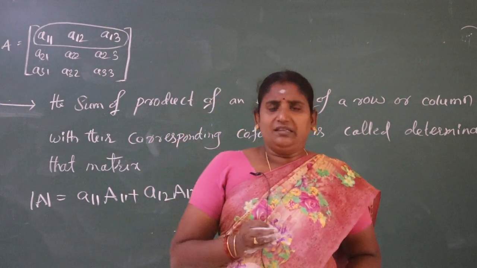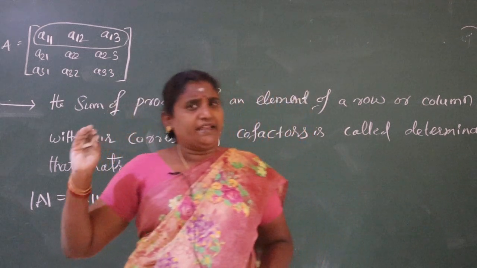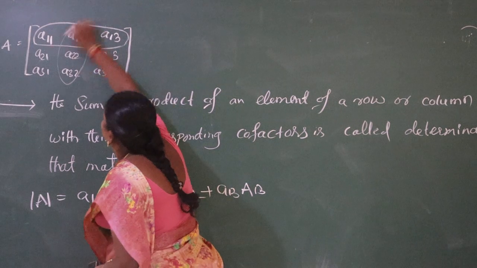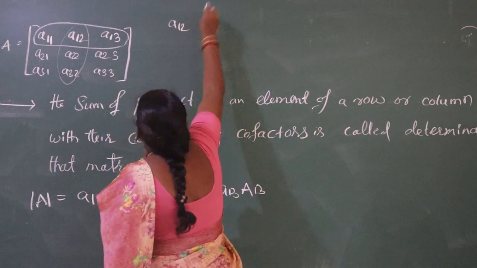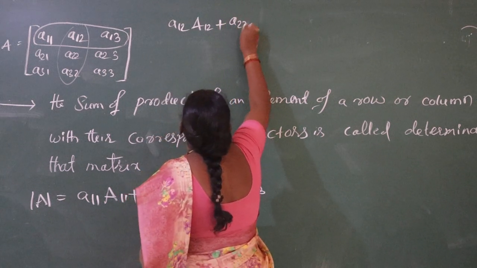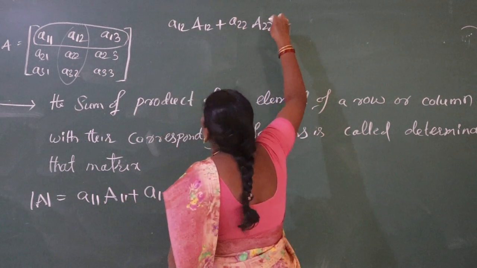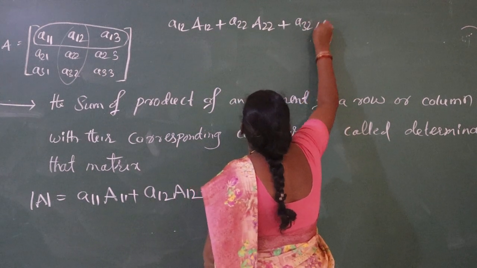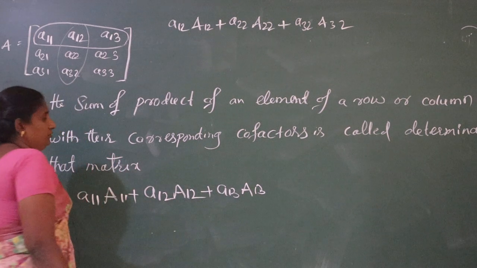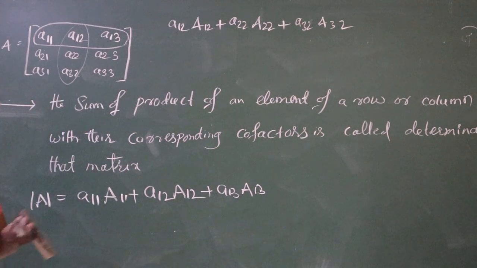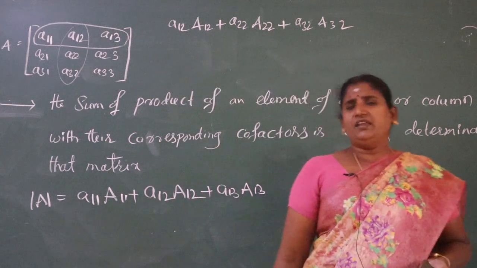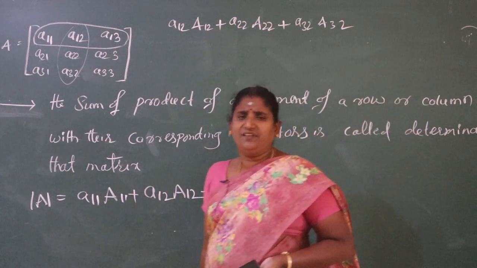Suppose you want to write this determinant value by using the second column: small a12 into capital A12 plus small a22 into capital A22 plus small a32 into capital A32. These are all equal to the determinant value. I think you are getting confused. Don't worry, it is very easy to find the determinant value.